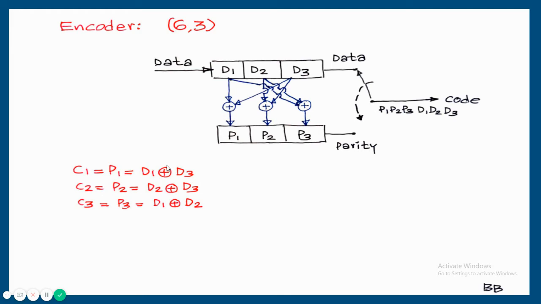Using the 3 previous equations, P1, P2 and P3 can be generated. Our equation is P1 is equal to D1 plus D3, so XOR D1 and D3, and the result is stored as the P1 bit. The next equation is P2 equals D2 plus D3, so D2 XOR D3 is stored as the P2 bit. The last equation is P3 equals D1 plus D2, so XOR D1 and D2, and the bit is P3.